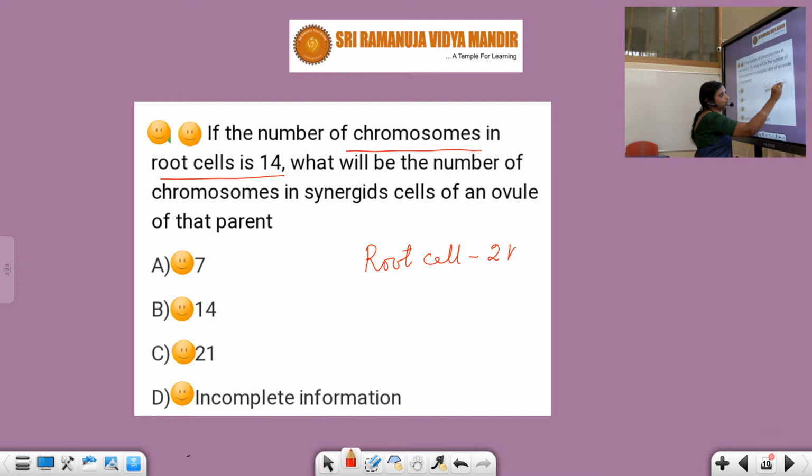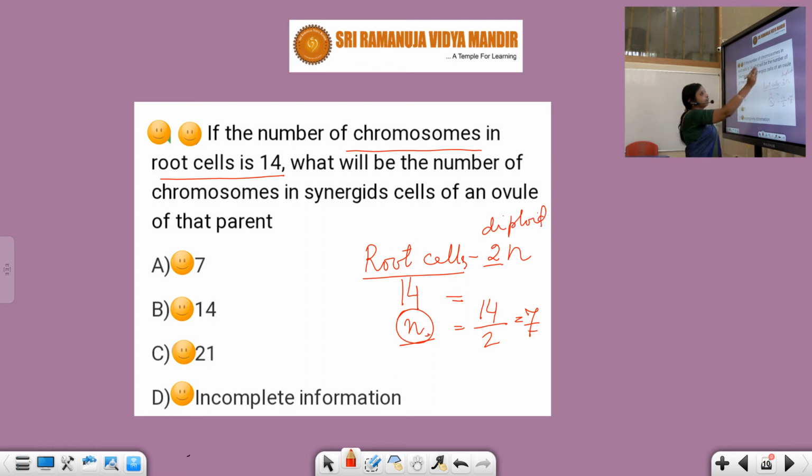First you write here, root cells are in 2n condition. So if there are 14, that means n is equal to 14 by 2, that means n is equal to 7. If in haploid, how many chromosomes will be there? 7. But root cells are diploid.